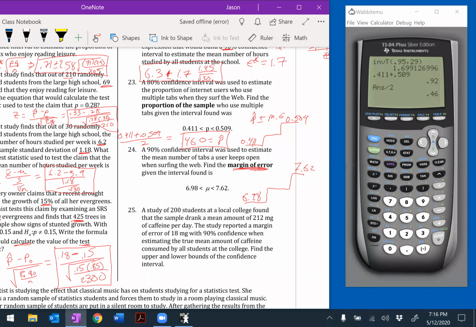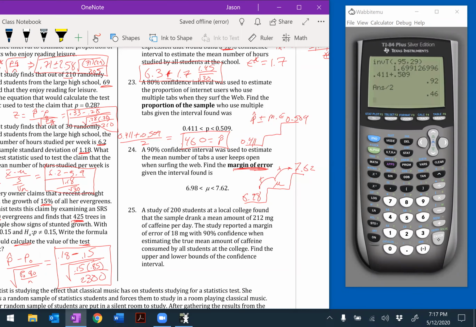I'm going to need to add and subtract the same amount, right? So let's say that's mu. Wouldn't I have to add and subtract the same amount from mu? Does that make sense?